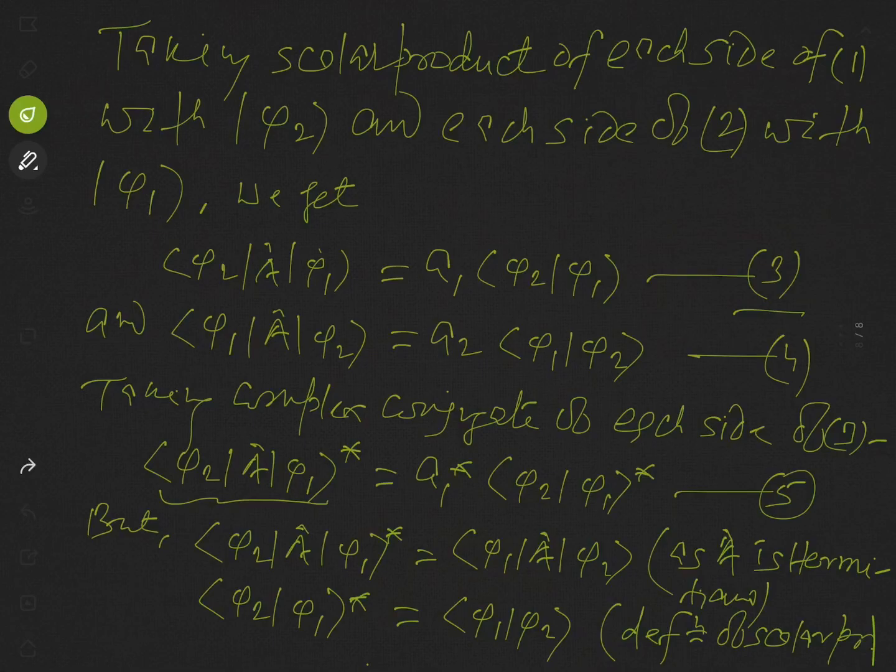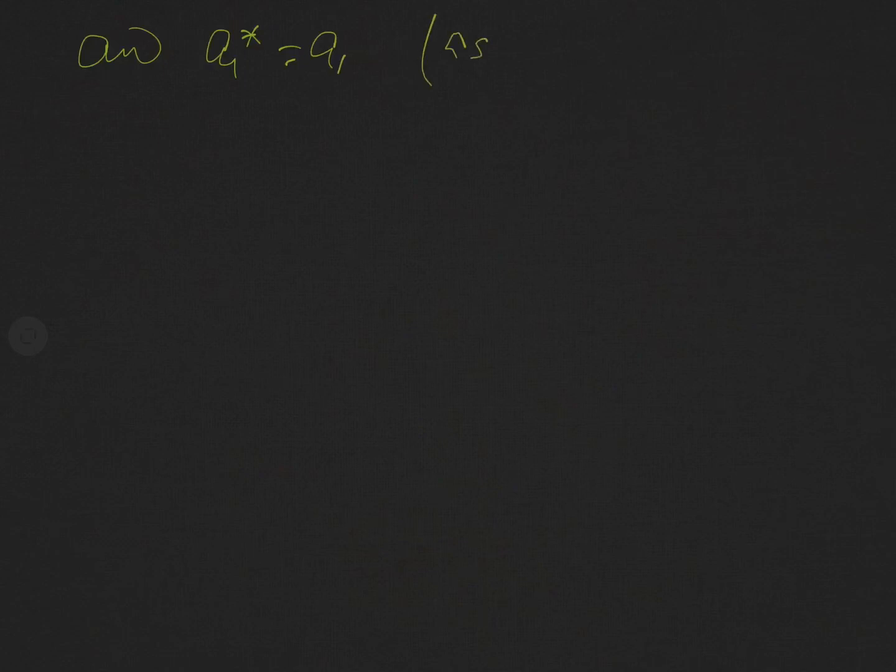Now, again we can write from the property of Hermitian operators that A1 star is equal to A1, because we have just read that the eigenvalues of Hermitian operators are real.